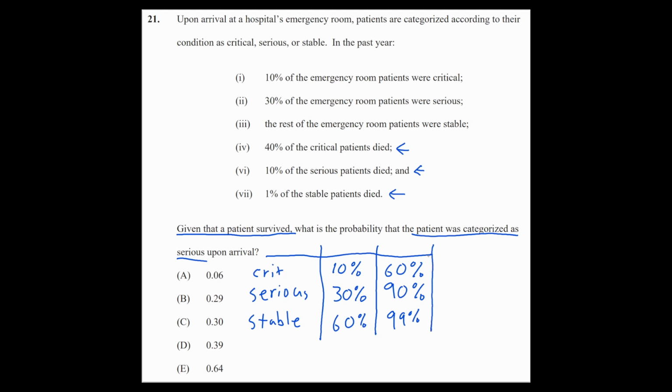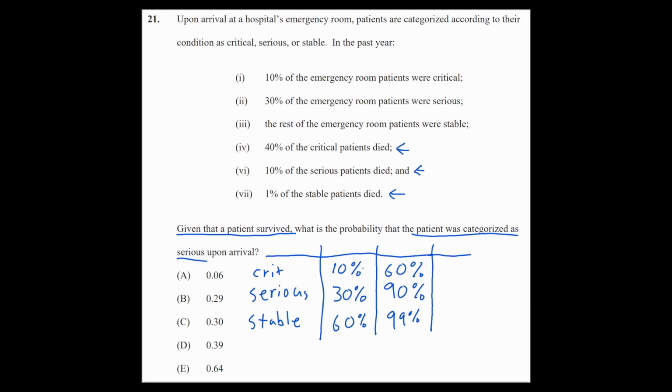Now, given the probability that each of these patients have survived, what we're going to do is multiply the distribution of the patients to the probability that each category had survived.